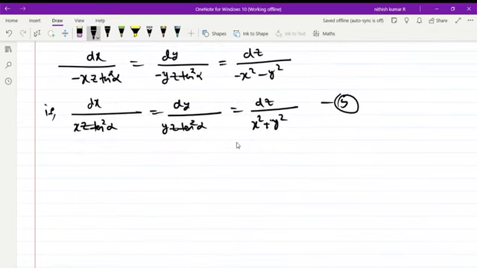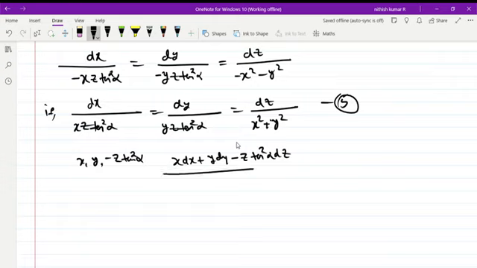Okay, now first I will use multipliers x, y and minus z tan square alpha. So we get numerator as x dx plus y dy minus z tan square alpha dz, and this ratio is equal to these three ratios, divided by, when I multiply with x, I will get x square z tan square alpha.